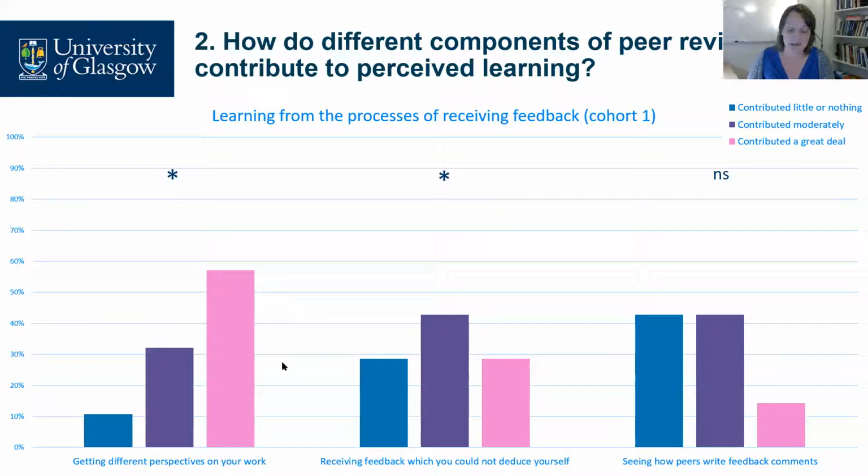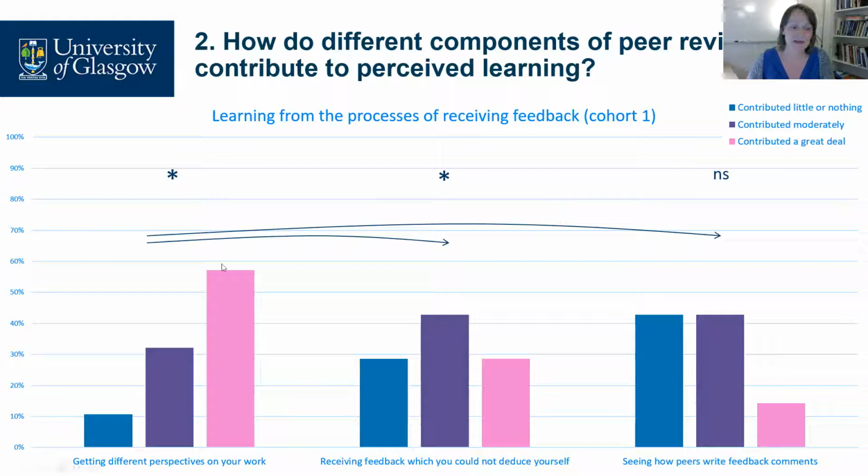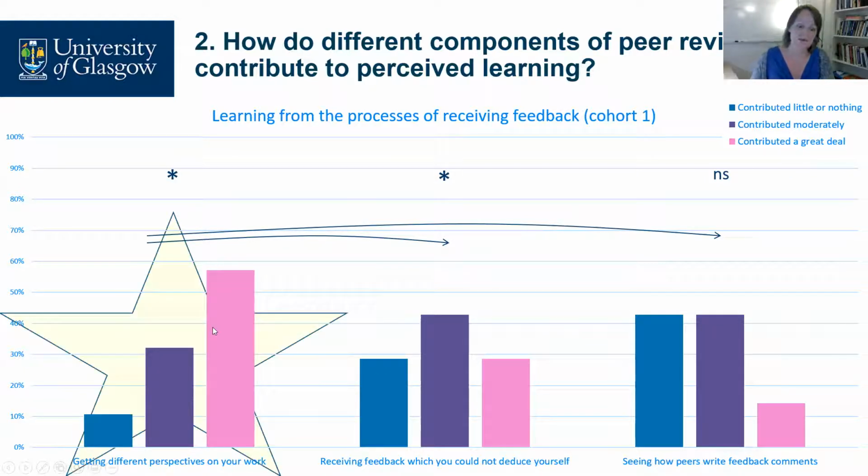When we carried out Friedman tests on this, getting different perspectives on their work was the strongest, more helpful than the other two. So it was the thing students identified as most helpful from the process of receiving feedback.